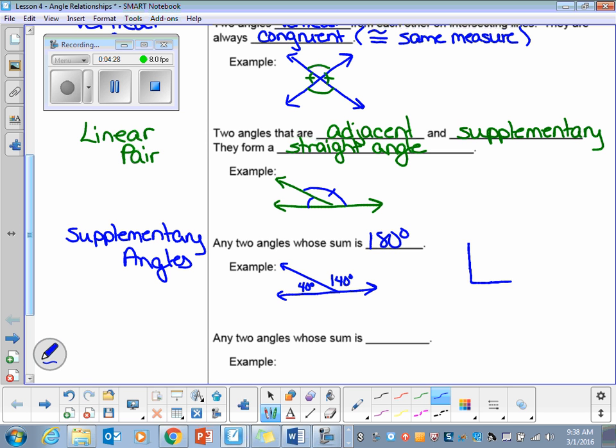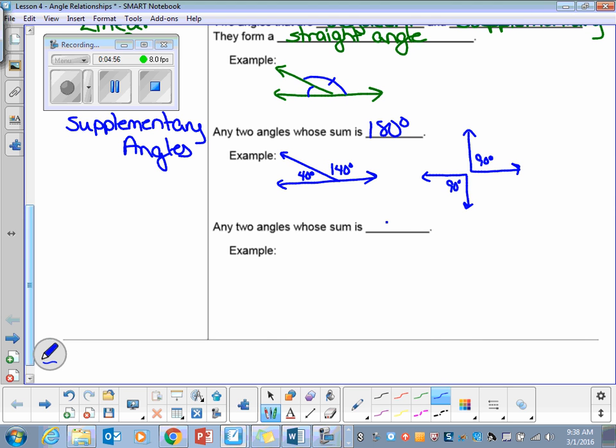I could have a 90 degree here, and a 90 degree here, and they're still supplementary to each other. So sometimes supplementary angles are adjacent, and sometimes they're not. Linear pairs, on the other hand, have to be adjacent. They have to share a side.